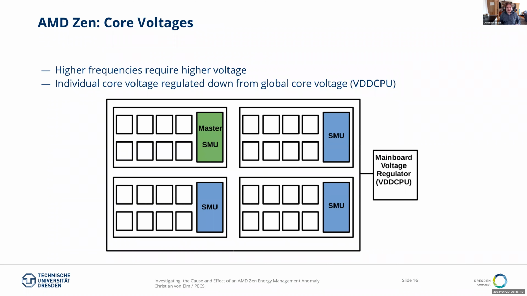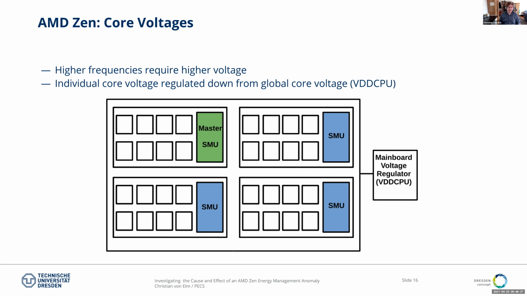To be able to achieve such high frequencies requires us to change the processor voltage. In AMD Zen, the individual core voltages are regulated down from a global, mainboard-supplied core voltage, VDD CPU.